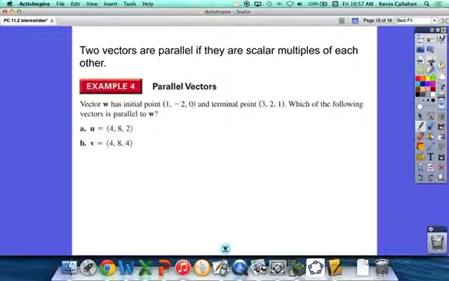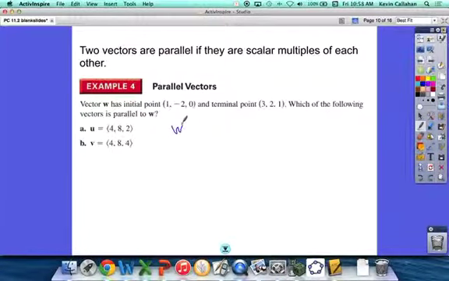It says vector W has an initial point and a terminal point. Which one of these 2 is parallel? Meaning it is a multiple of the vector W. So first we've got to find the vector W. Again, how do you find the vector component form if you know the initial point and the terminal point? Come on, you subtract, right?